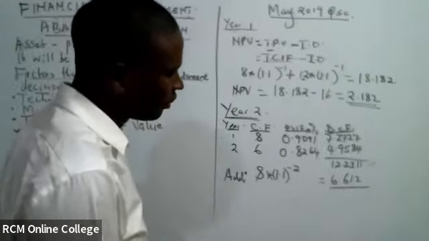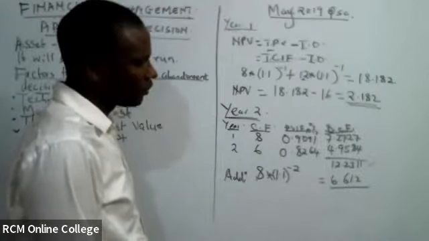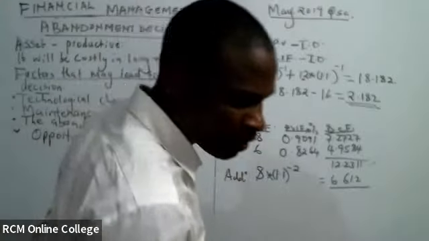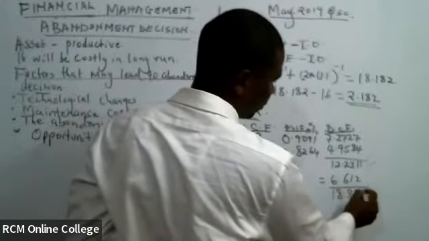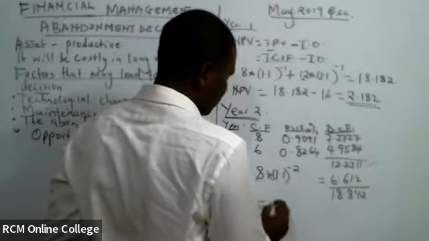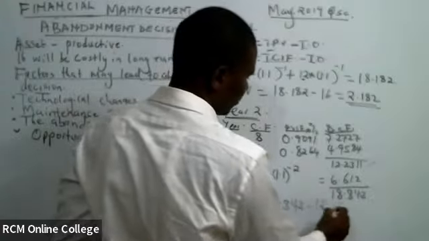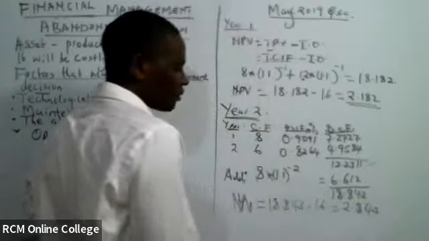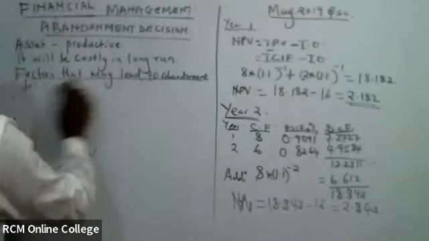Or how much again? No, it will go slightly over. 18.843. 18.843. Okay. So if I want to get the NPV at that time, it is 18.843 minus 16. This will give me 2.843, like that.